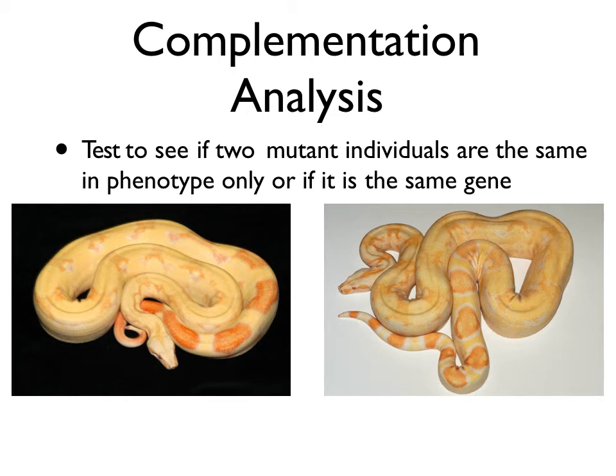Now, they both have a mutation that has led to them not producing melanin. So when you see albino mice, albino snakes, albino rabbits, all of these organisms are not producing melanin, and so they have this light coloration, which is quite characteristic of albinos, which appear in many species.